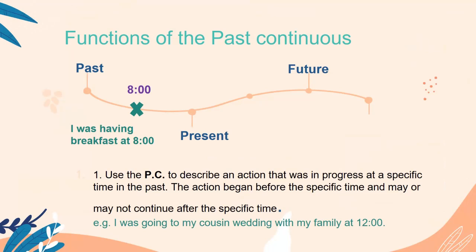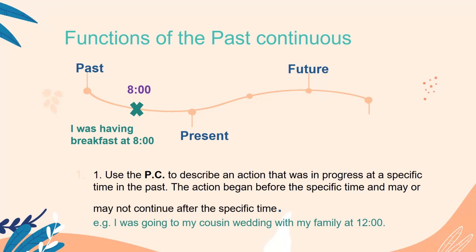Functions of the past continuous. The past continuous is often used to talk about actions and states in progress around a particular time in the past. The action or state began before the specific time and continued for a period of time in the past.